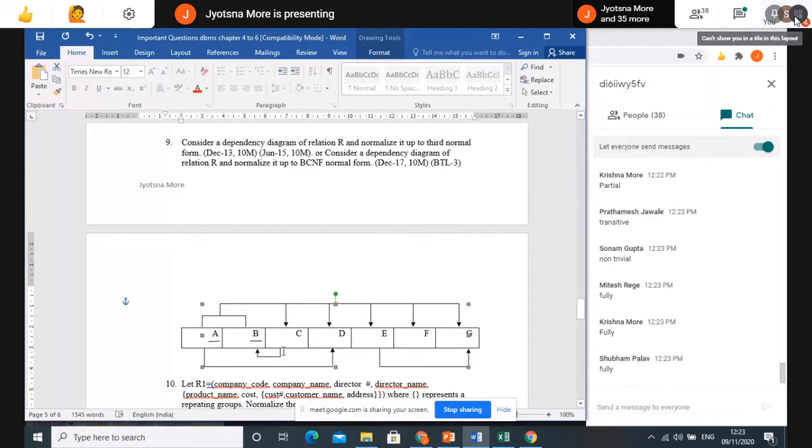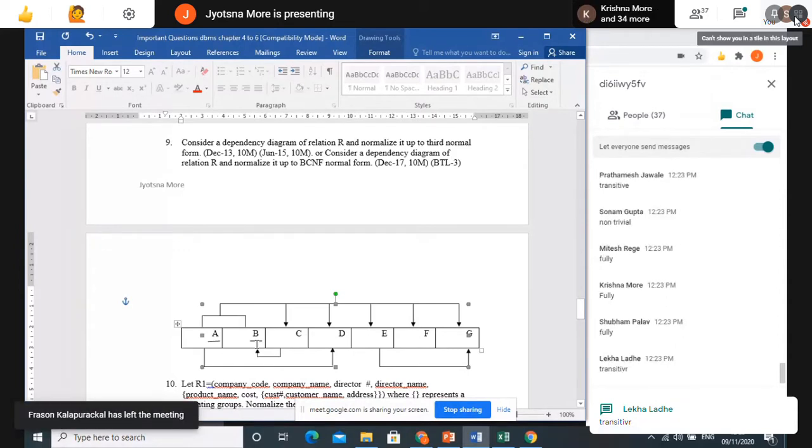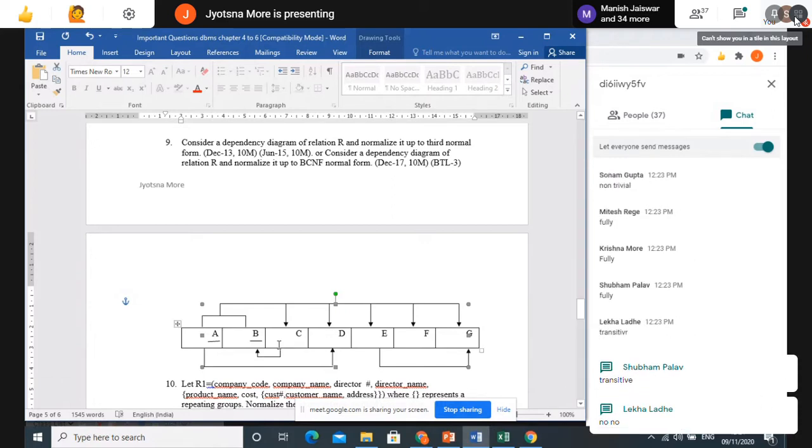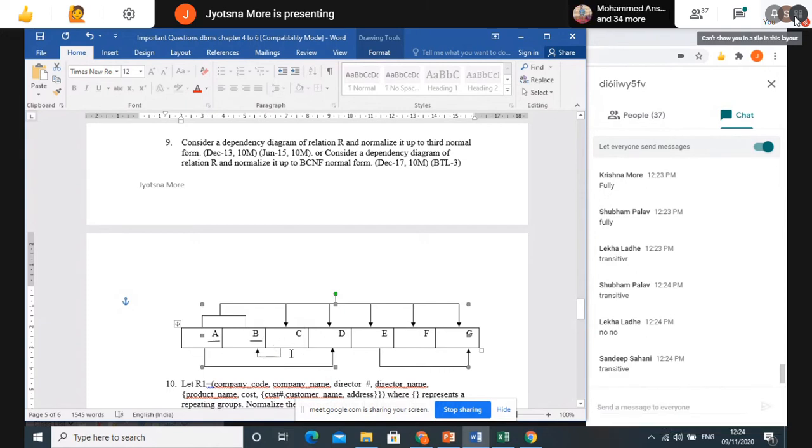Then next is C determines B. From here, we are getting this transitive, but here we are getting a non-key attribute determining part of the key attribute.